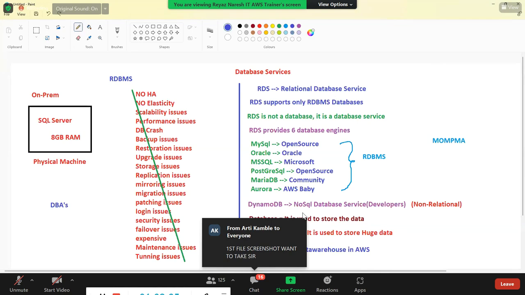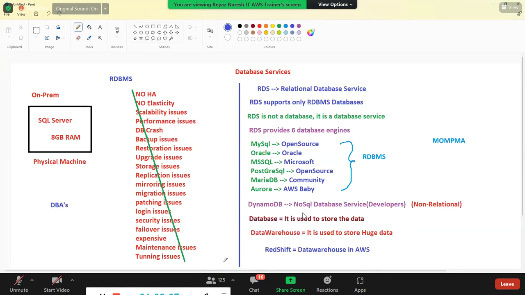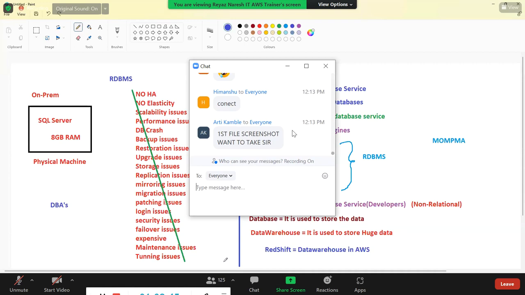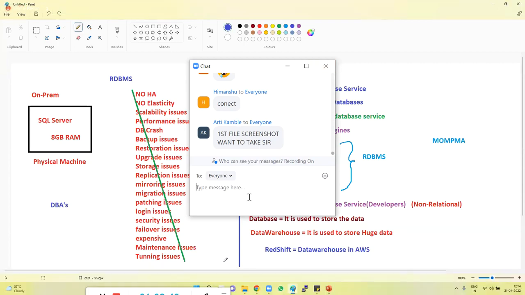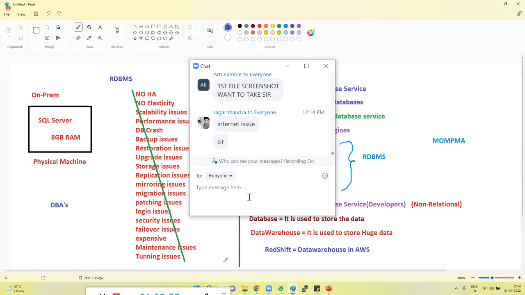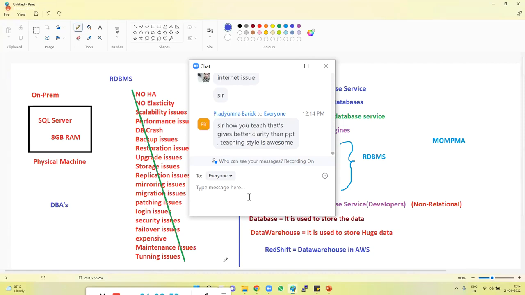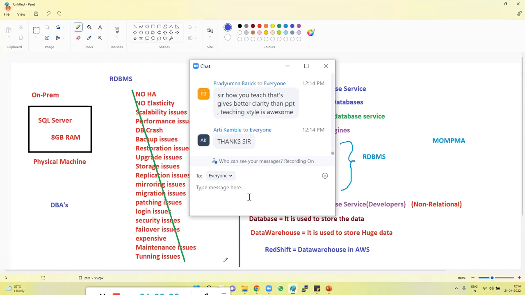Sagar, I didn't get the link yet. Or does anyone have that link? WhatsApp group link. Any questions meanwhile before I get it? Sir, the way you teach gives better clarity than PPT.